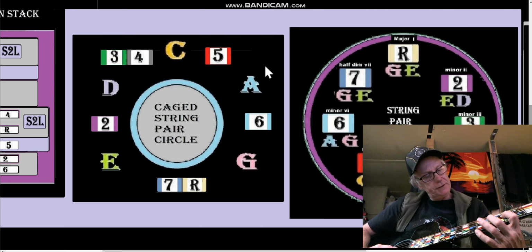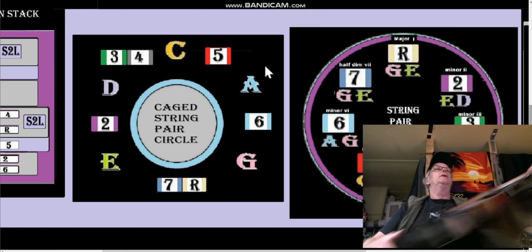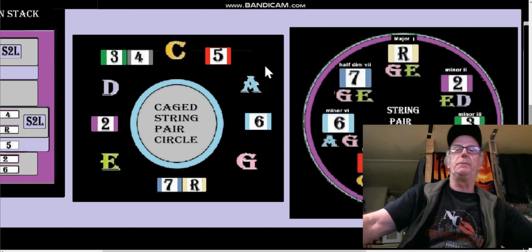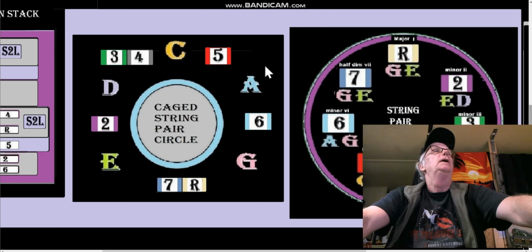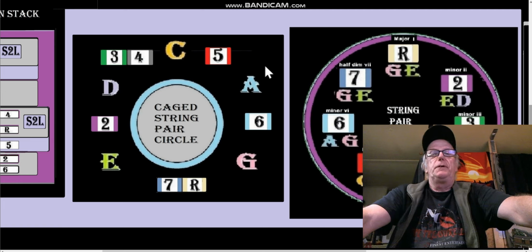You can see the D shape kind of has an octave kind of thing. You can branch out from there and from anywhere. So it's very helpful to have a good starting place.